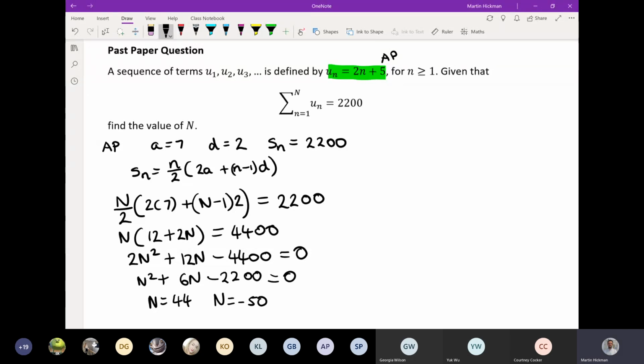If you can see right away that 44 times minus 50 is going to be minus 2,200, and those terms add together to give you your 6n there. So then just put that in your calculator, find that n equals 44, n equals minus 50. Now obviously we don't want to include the minus 50 because it's got to be positive. So n equals 44 is just the answer here.